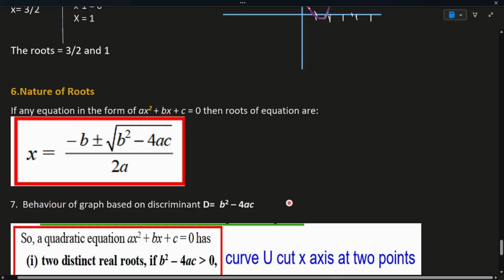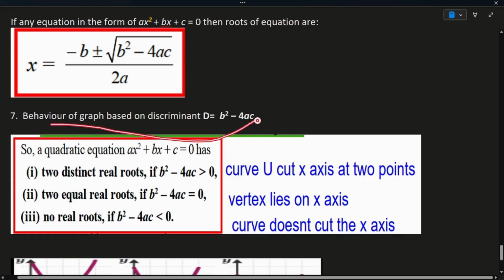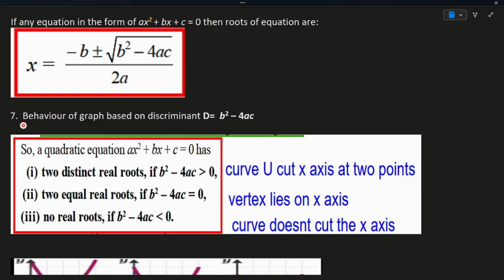Along with factorization, we have another method to find the roots, by a formula x equal to minus b plus or minus square root of b square minus 4ac by 2a. By substituting coefficients in this formula, we can get the roots. The behavior of the graph is based on the discriminant.